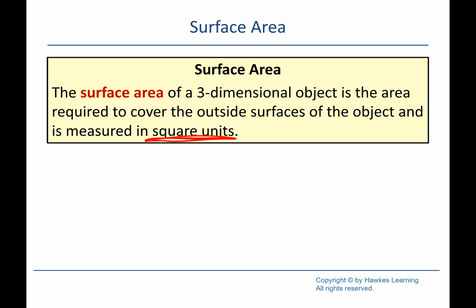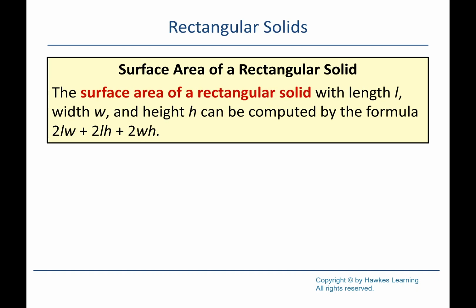So let's look at our first surface area here. The first one is a rectangular box, a rectangular solid. For these, our textbook gives us a formula, and you can use it if you want to. But you can get confused trying to use the formula sometimes, so it's better if you can get an understanding of what we're actually finding.